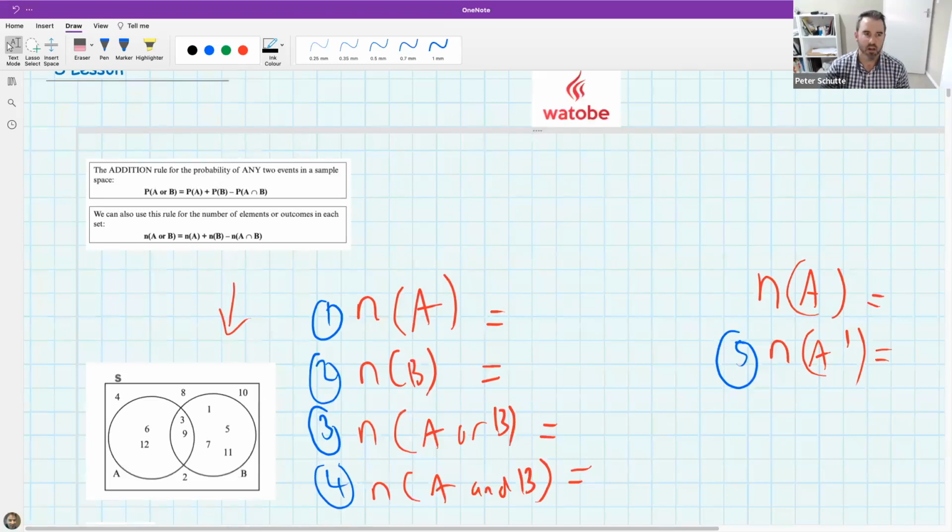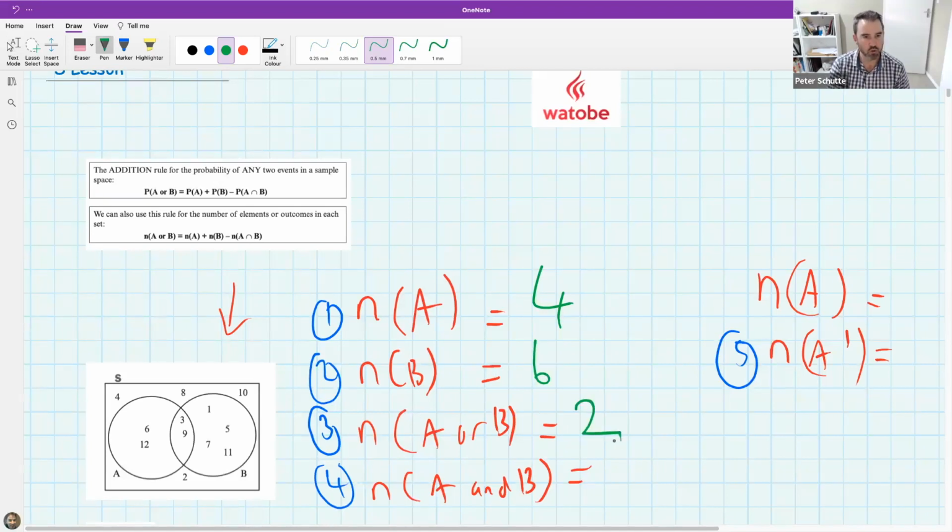Awesome. Okay. So n of A is the number of items in A, so that's 4. N of B is going to be 6. N of A or B is going to be 2. Sorry, it's not going to be 2. That's going to be this one over here.